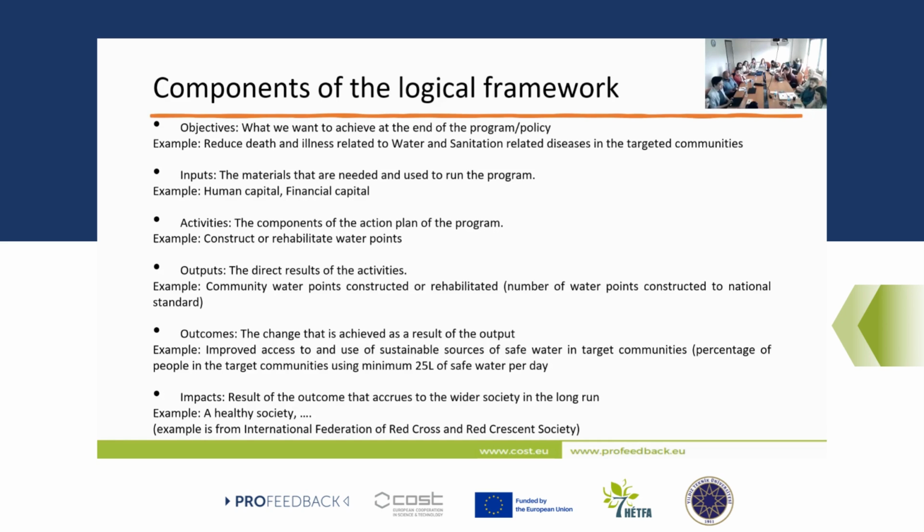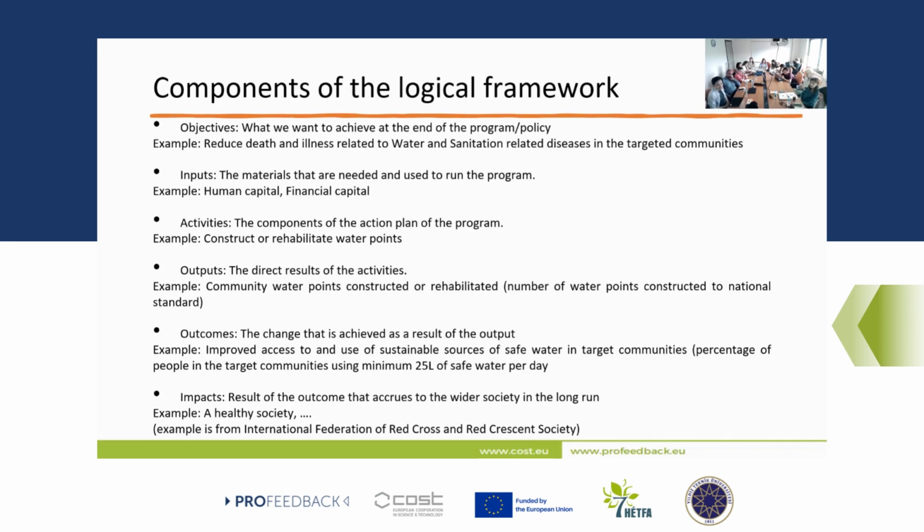Outputs are not outcomes. Outcomes are what is happening to the community because of this output, the change that is achieved as a result of this output. We have financial capital, we have water points, and people have access to these water points because of this output.